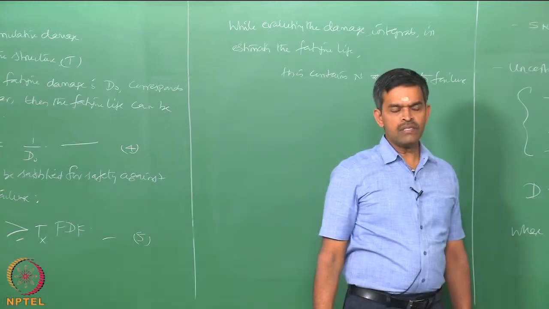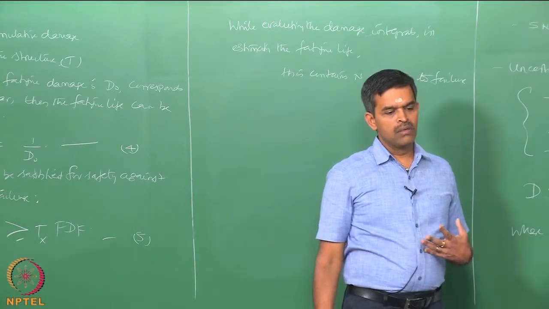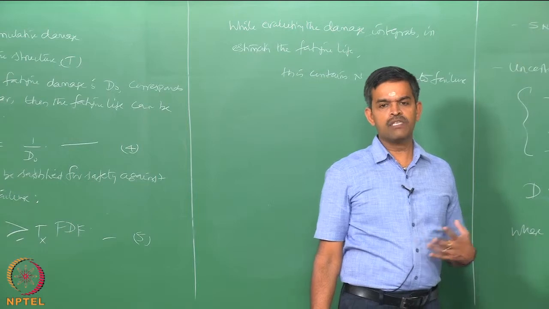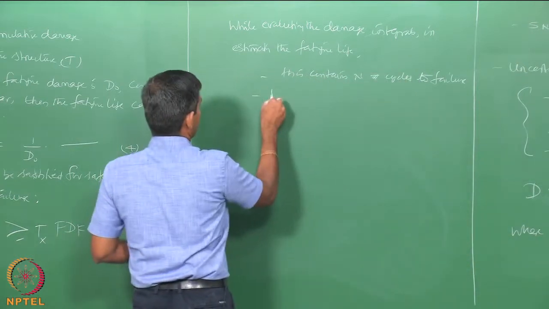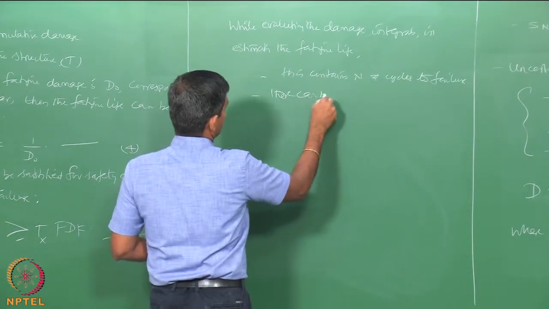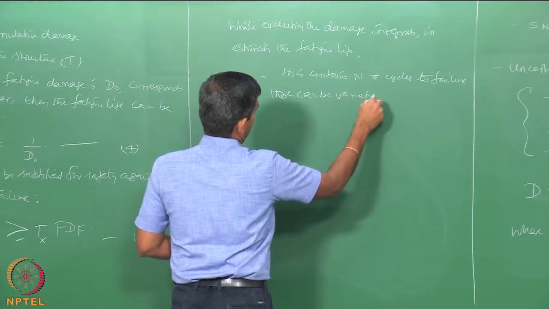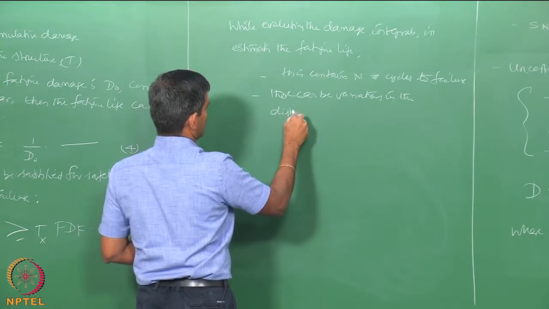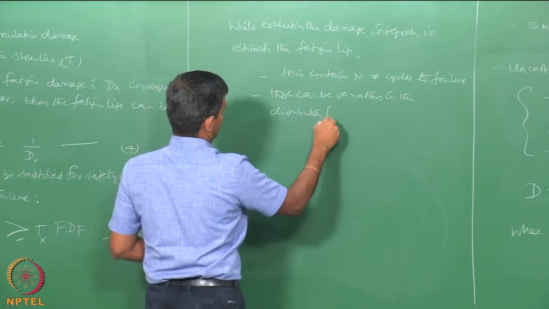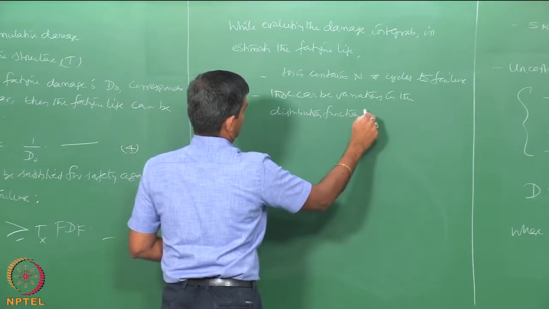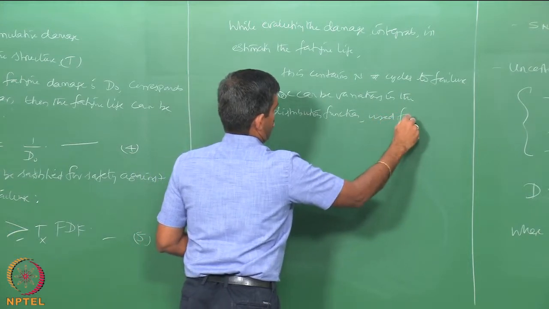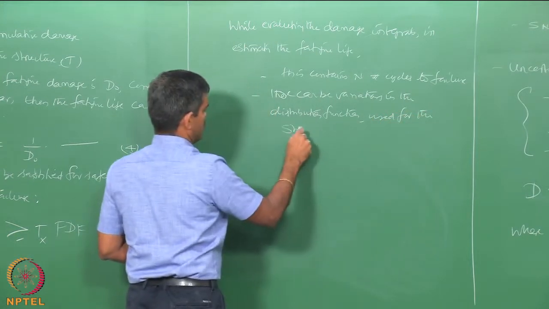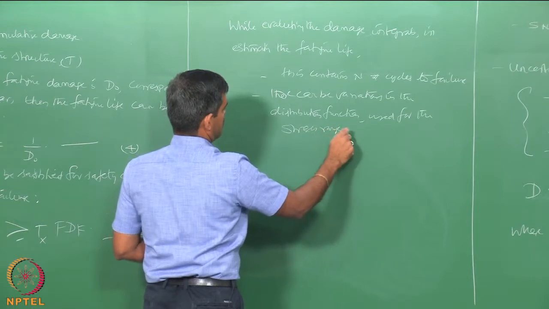The variance of the exponential distribution probably may be a different density function. So, there can be variations in the distribution function used for the stress cycles or stress ranges.